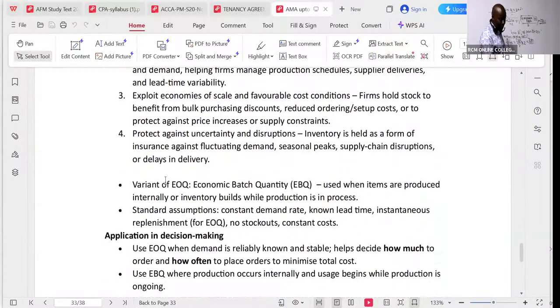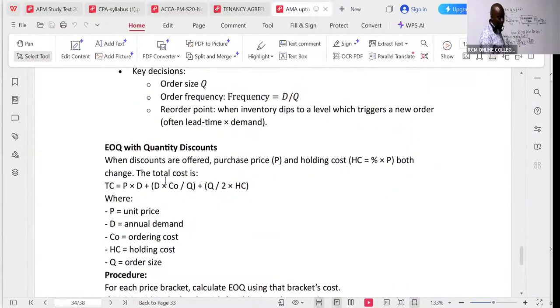Now, ladies and gentlemen, with your permission, I will go to what we call EOQ with quantity discounts. We are told here that when quantity discounts are offered, purchase price and holding cost, remember holding cost is a percentage of price, both will always change.